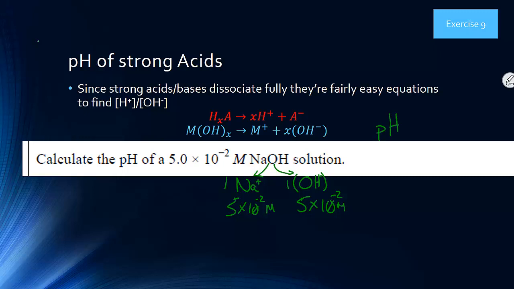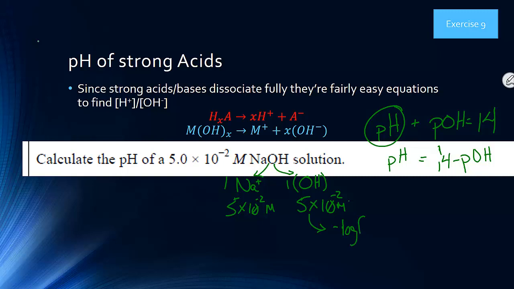And I could find the pH going a long way around. However, I like easy math. pOH plus pH has to equal 14. If I determine the pOH first, simple subtraction will give me the pH. So the negative log of the concentration of hydroxide will tell me what the pOH is.